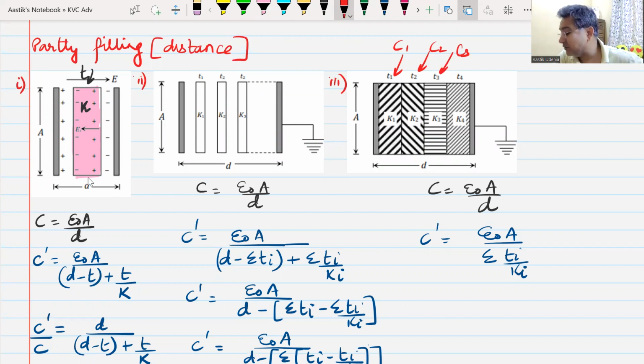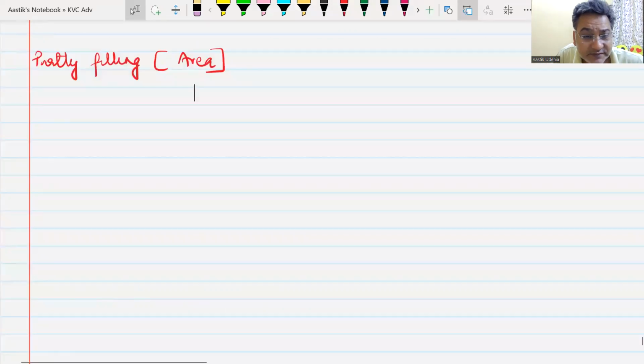Therefore, you can have one more scenario in which they are partly filling but area wise. And I will just give you a very simple example.